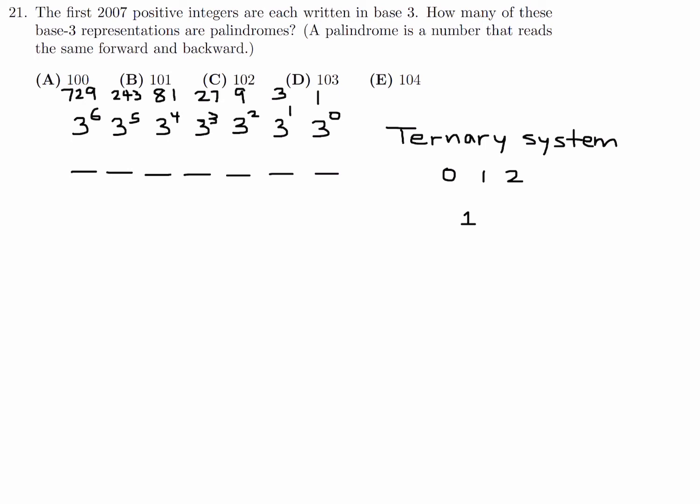Well, we would just put a 1 right there because that represents this value, which is 1. How about if I want to write 2 in base 3? Well, instead of putting a 1 there, I would put a 2 there. So this is 1 in base 3, this is 2 in base 3.